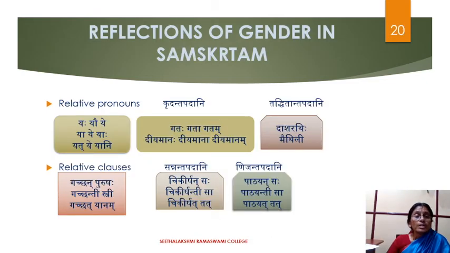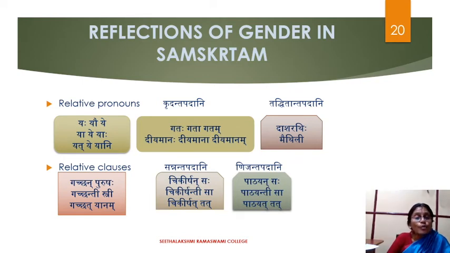Now, taking up the relative pronouns. Yaha yau ye, yaye yaha, yat ye yani. So, the boy who went away: yaha balaha, yaha gataha. So we have such cases. Yaha, relative pronoun.